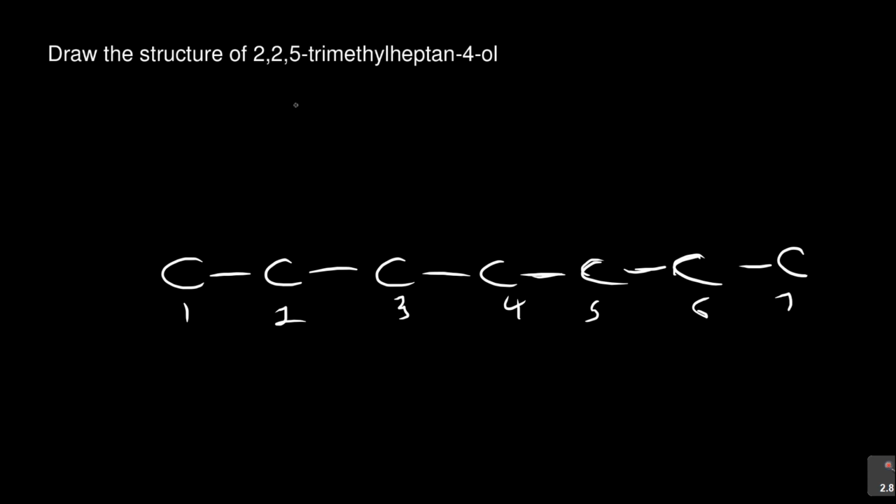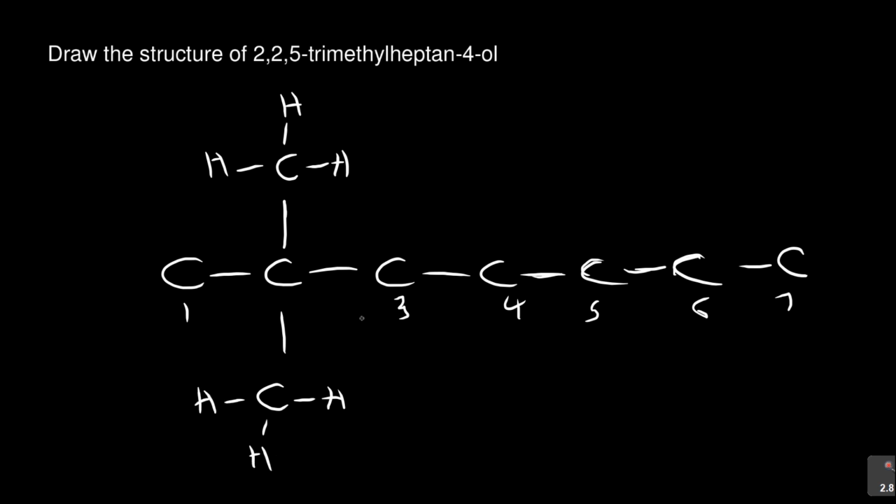Then when I've done that, it says in carbon number 2, there is a methyl, CH3, and in carbon number 2 again, there is a methyl, CH3. And in carbon number 5, also there is a methyl. Are you seeing that?